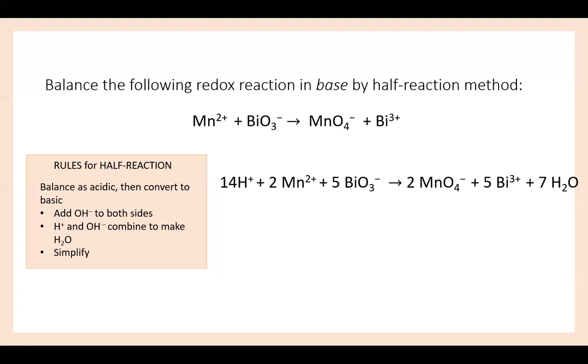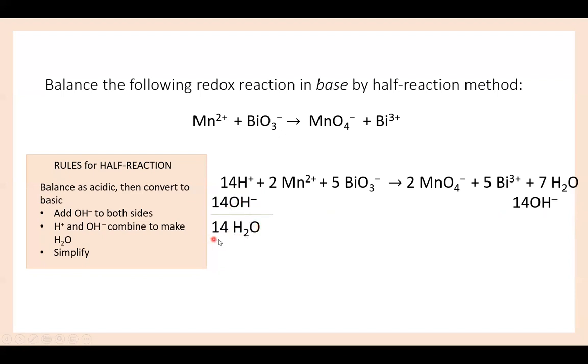How many hydroxides do we add? Well, we want to get rid of all of the hydrogen ions, so we're going to add 14 hydroxide, and we do that to both sides of the equation. Well, the hydrogen ion and the hydroxide will make water.